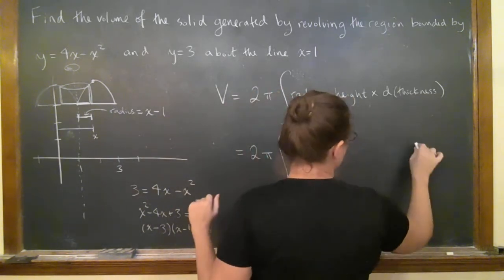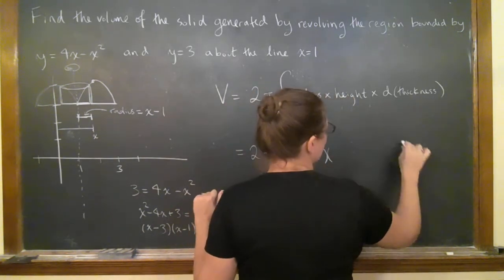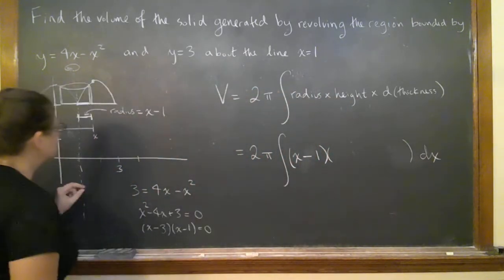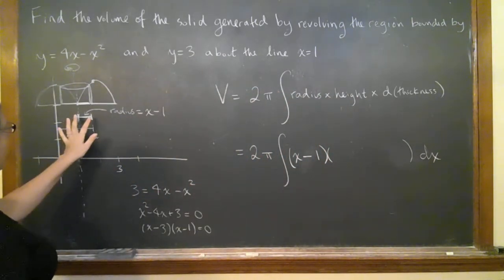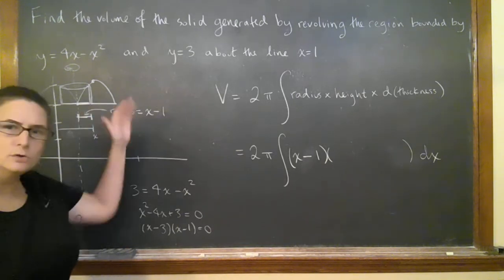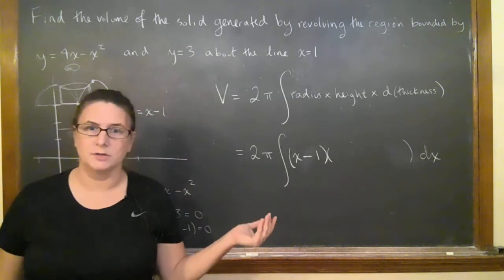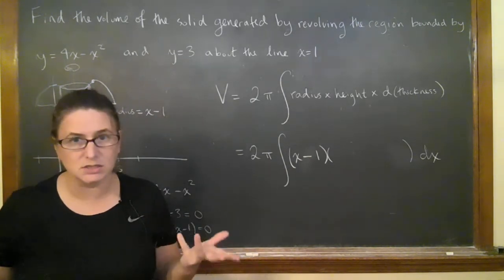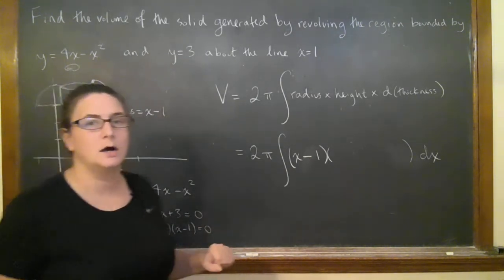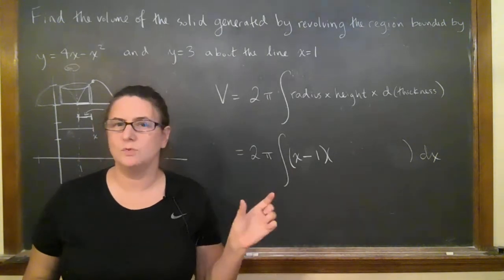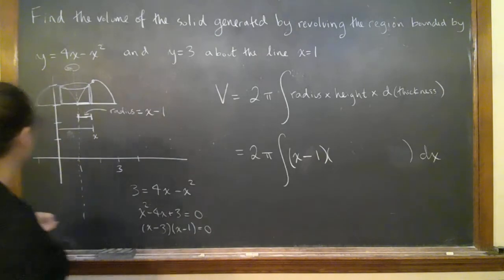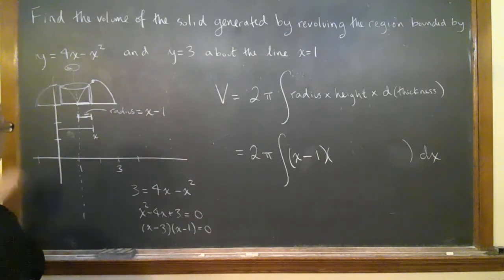And then my height and my dx. Anytime you're going to have it moved, then the radius is going to have to be shifted. So it's just a shift, okay? You do want it to be a positive number, so keep that in mind.